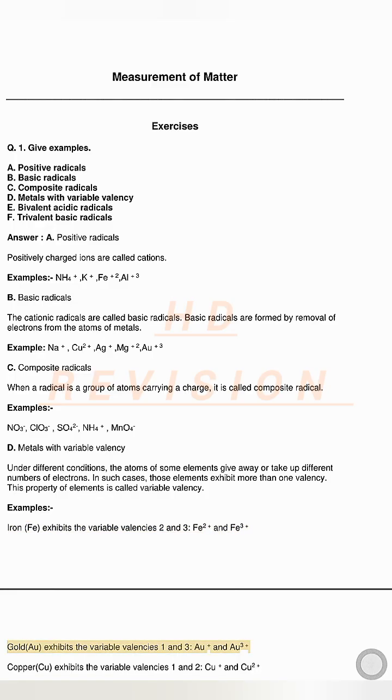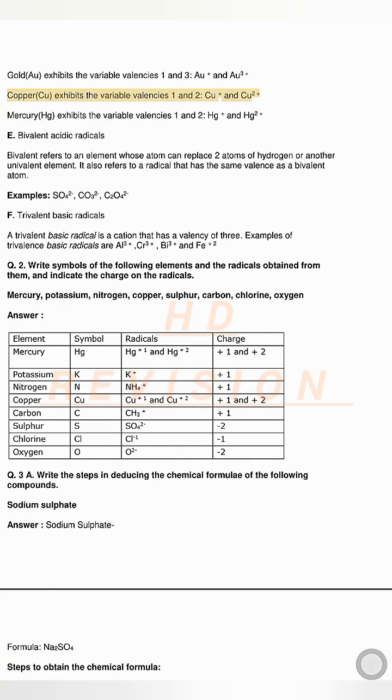Gold Au exhibits the variable valencies 1 and 3, Au+ and Au3+. Copper Cu exhibits the variable valencies 1 and 2, Cu+ and Cu2+. Mercury Hg exhibits the variable valencies 1 and 2, Hg+ and Hg2+.